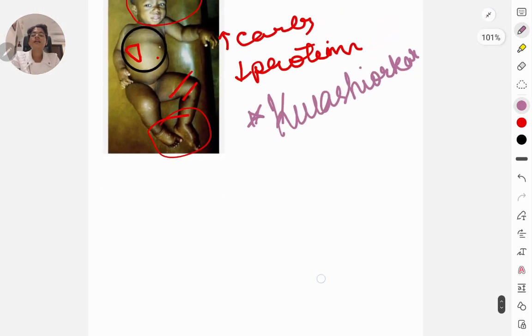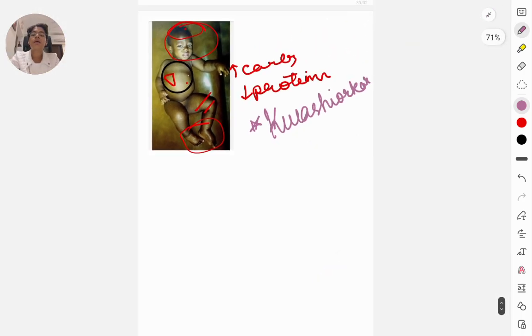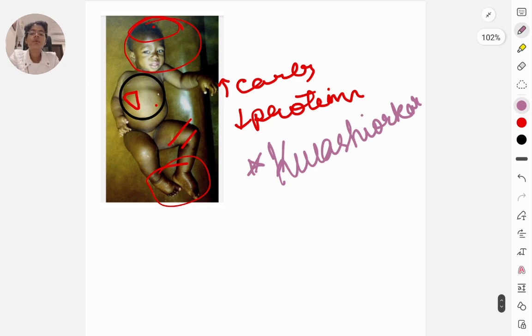Both of these are PEM, or we also say PCM these days, protein calorie malnutrition, while PEM is protein energy malnutrition. Now first of all let's see kwashiorkor in detail. In this case, why does it happen?